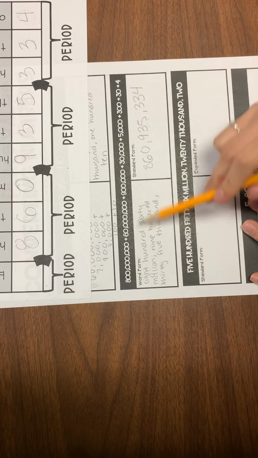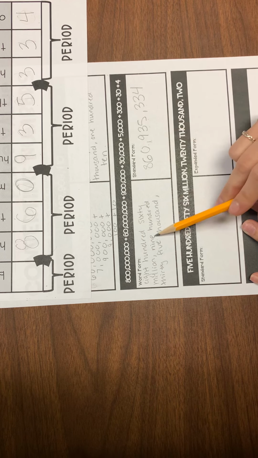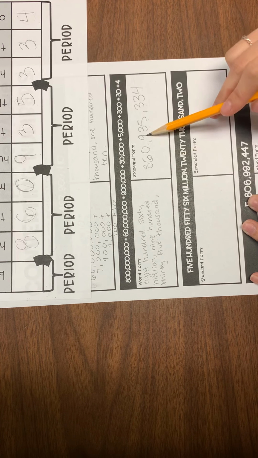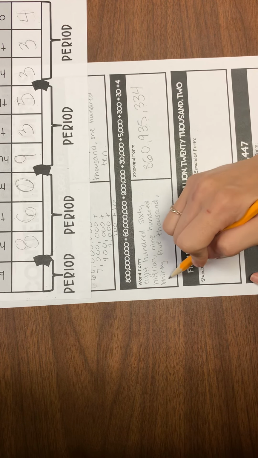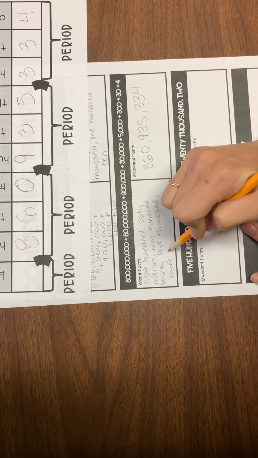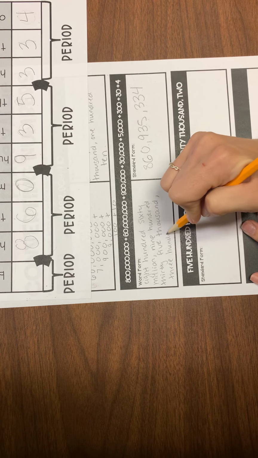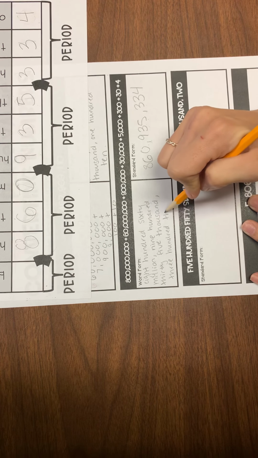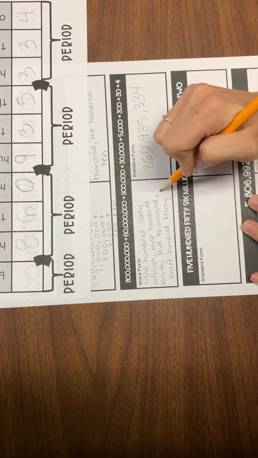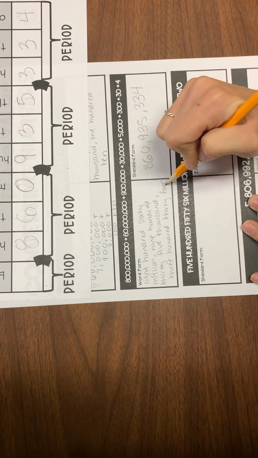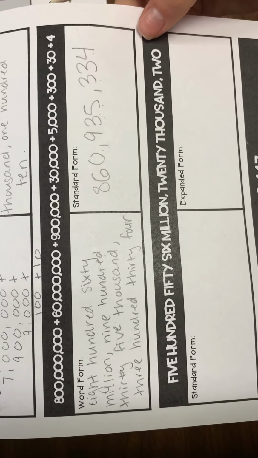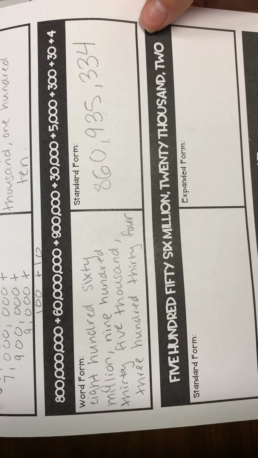Okay, so I have 860 million 935,000 334. If we read it out loud again, it's the same as our standard form.